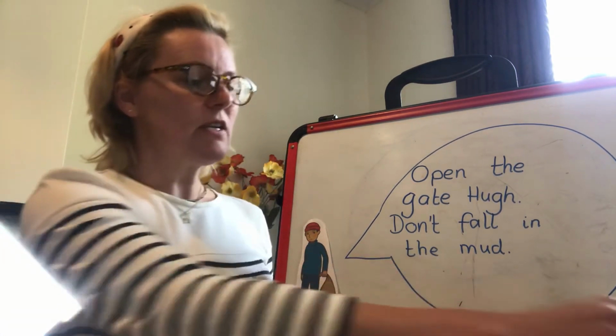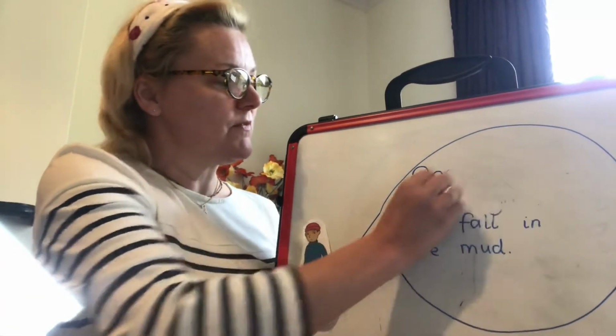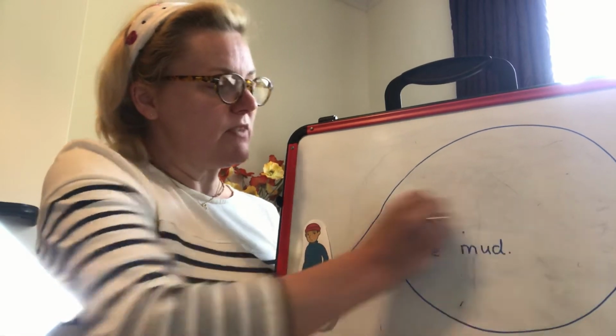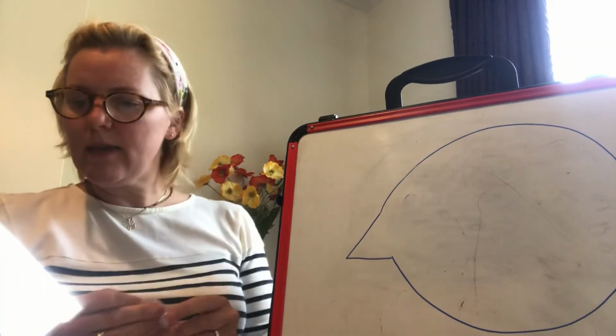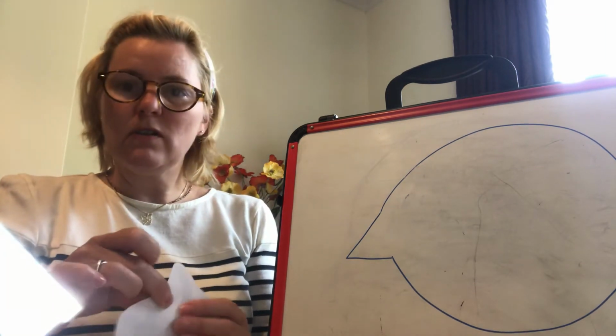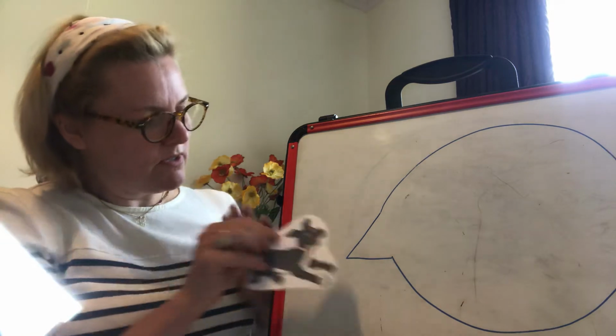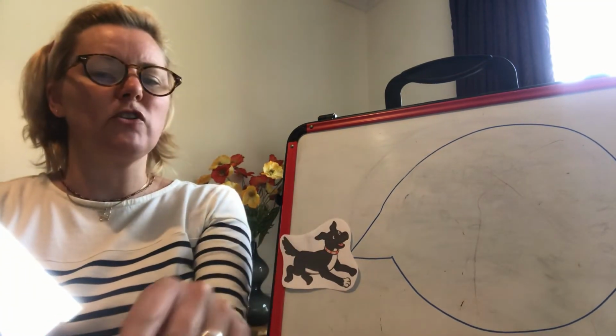Now, if you decide that you would want to choose a different character, I'm going to rub this out because I'm going to have a different character now. So we'll get rid of him. I've got all my characters cut out here, and I might choose the dog. I know lots of you have got dogs at home, so I thought dog might be fun to choose.